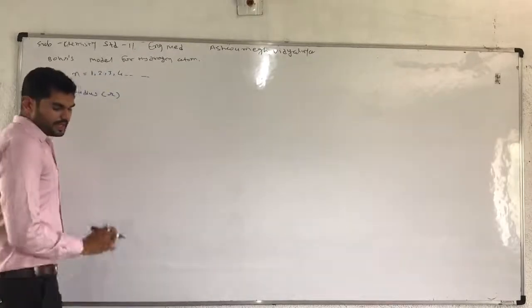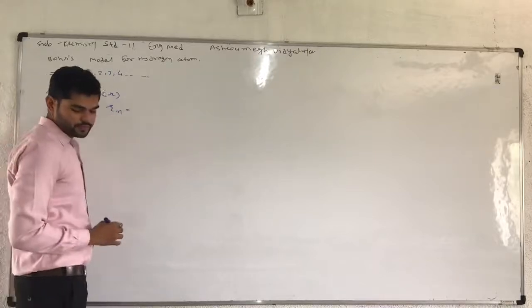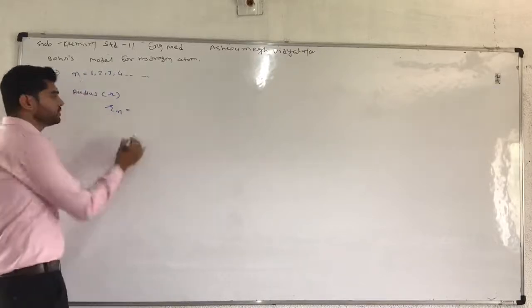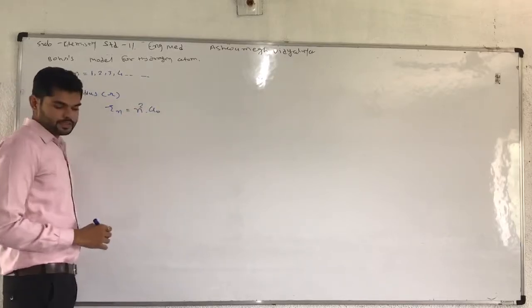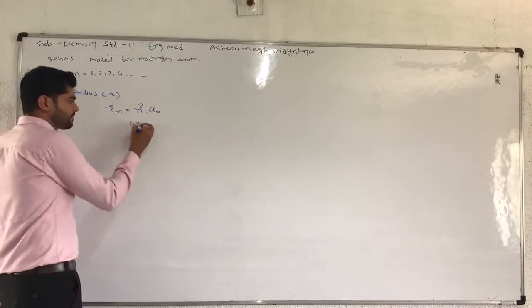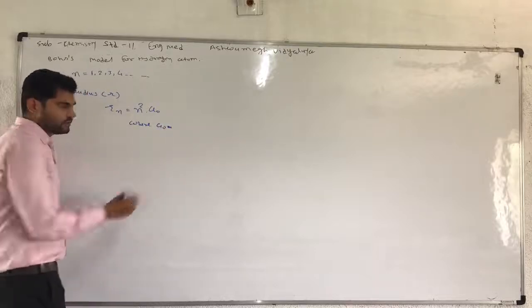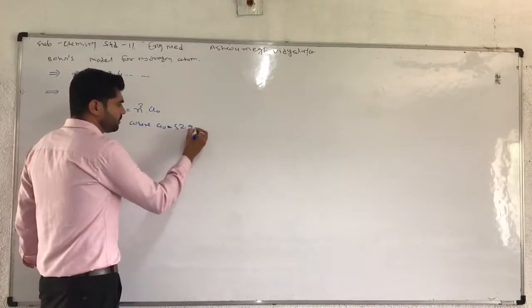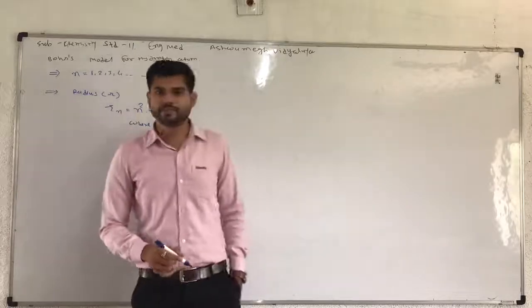So radius Rn is equal to n square into A0, where A0 is equal to 52.9 pm, pm means picometer.